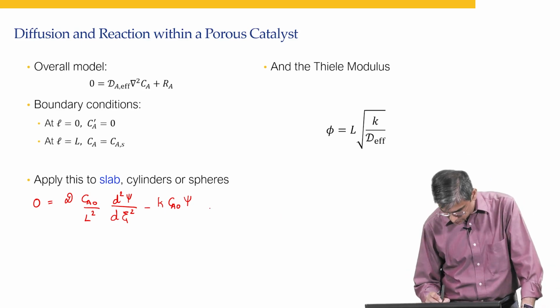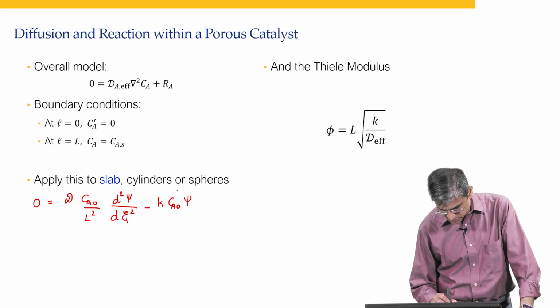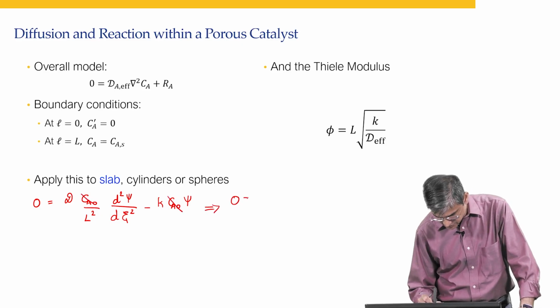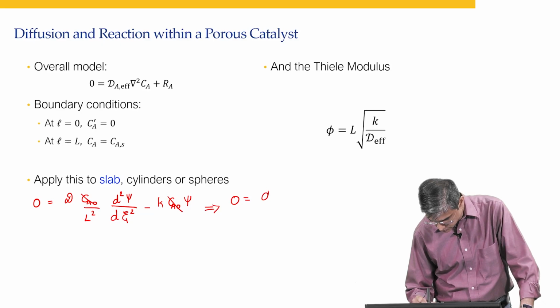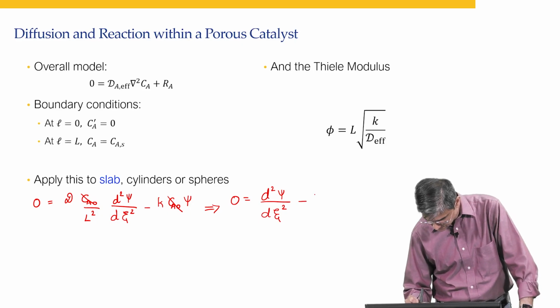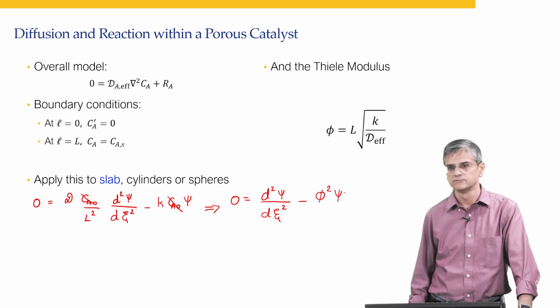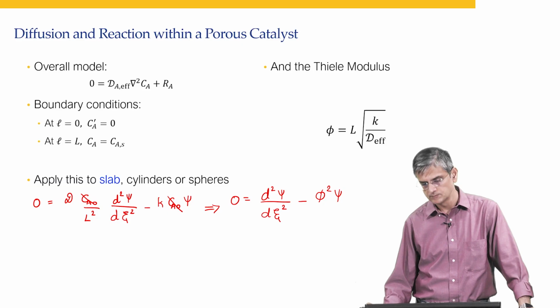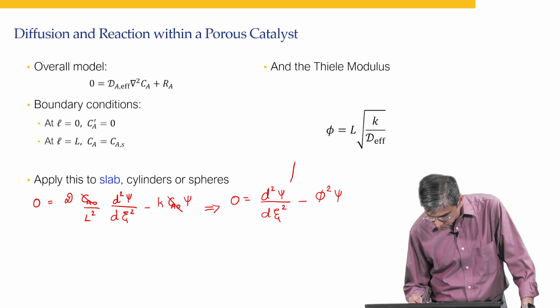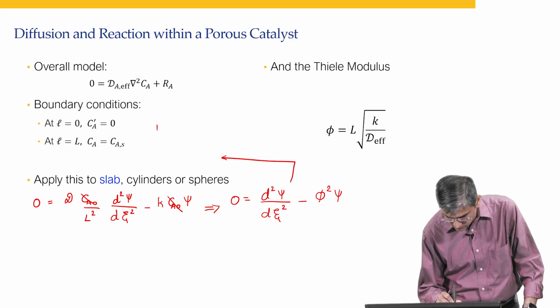If you take this, the Ca naught gets cancelled, and therefore you will have 0 equal to the following, and this equation has a particular form.